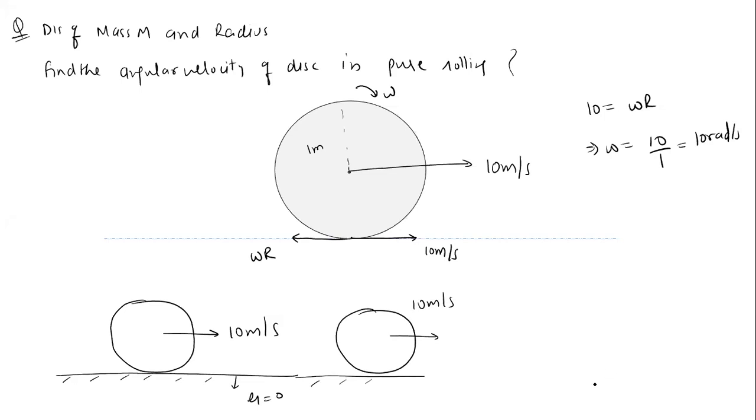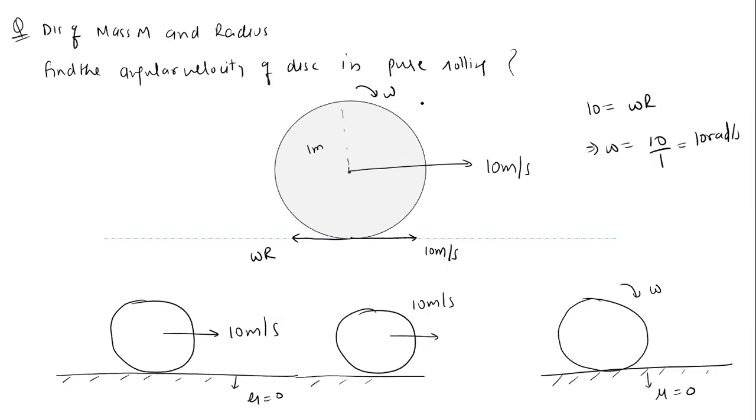Now next case, suppose again we take a frictionless surface, mu equal to zero, and on this surface I have rotated the body with angular velocity say omega. So what will be the condition of this body?